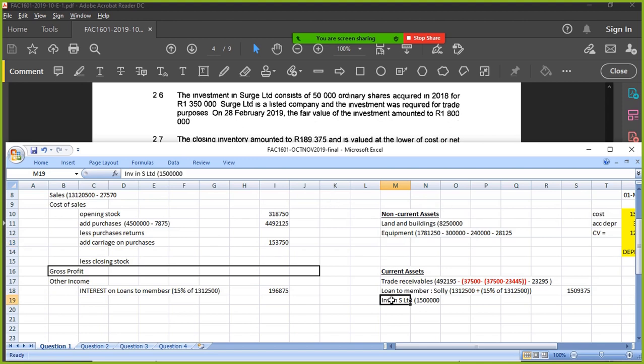So it went up. Add 300,000 to give you 1.8 million. Then you've got to show the fair value adjustment in the income statement, an additional 300,000.